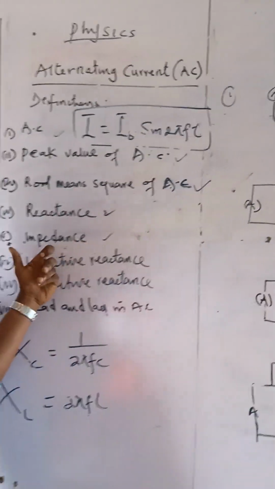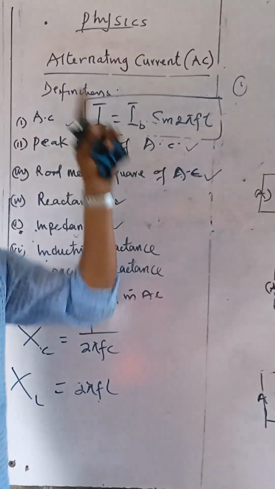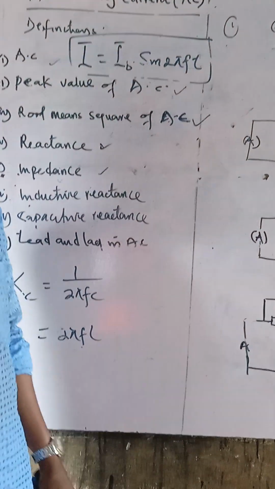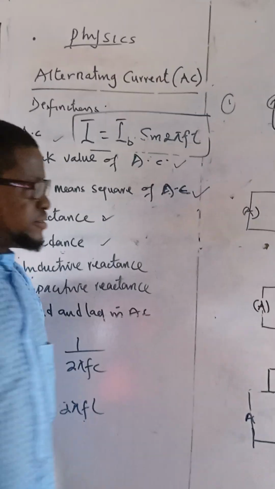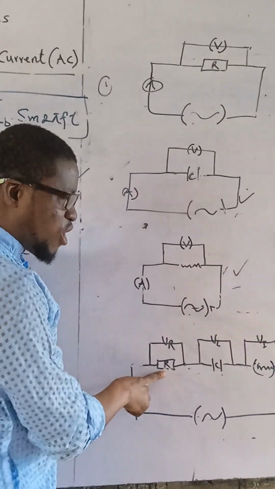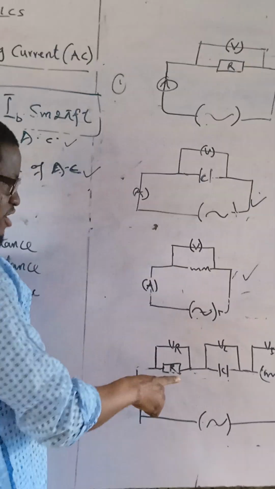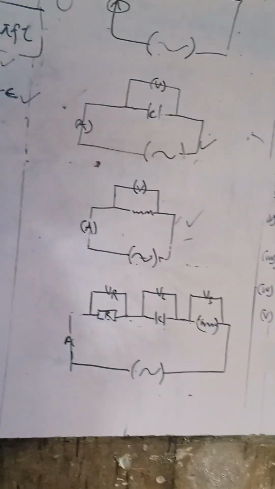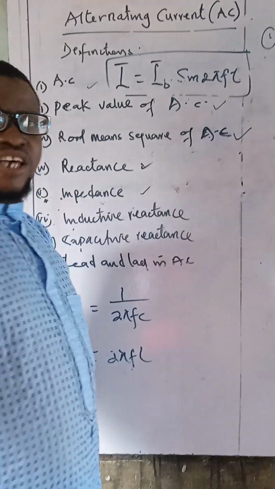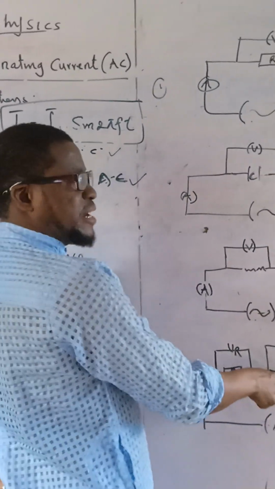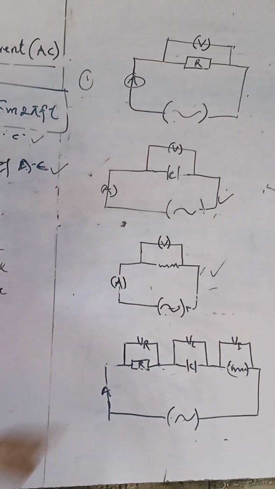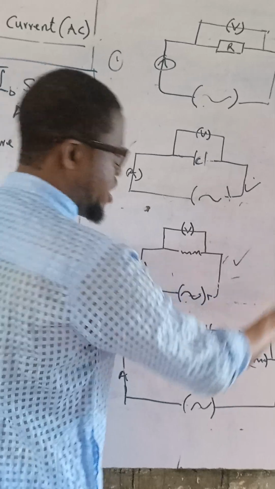So the definition for impedance is the overall regulation offered to an AC circuit by resistor and capacitor only, or resistor and inductor only, or resistor, capacitor, and inductor.